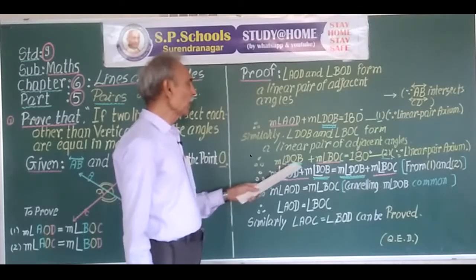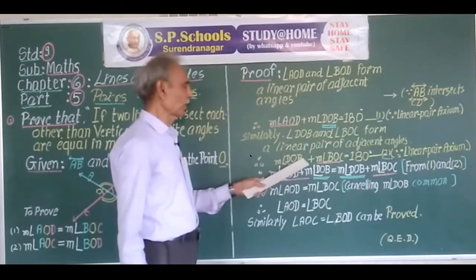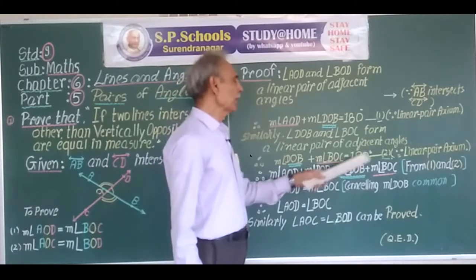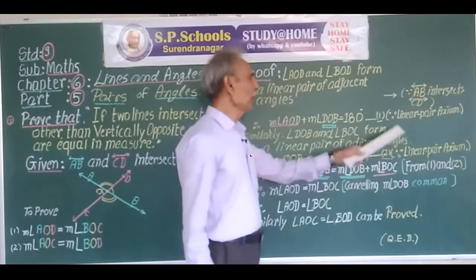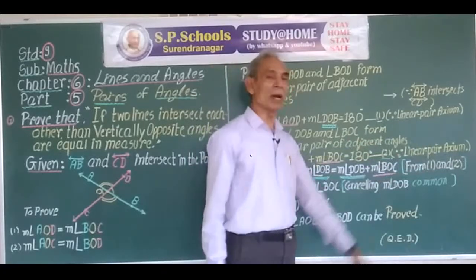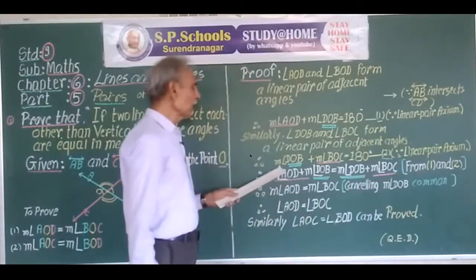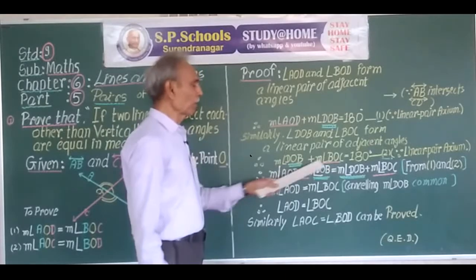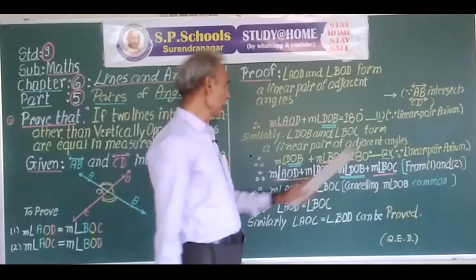Therefore, measure angle DOB plus measure angle BOC is equal to 180 degrees as per the linear pair axiom. That is, the sum of the measures of a linear pair is always 180 degrees.